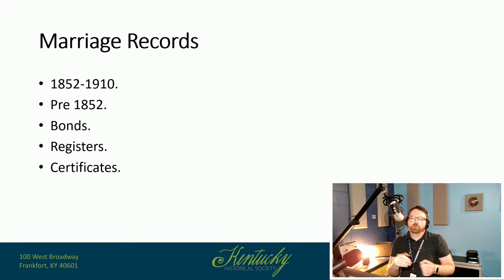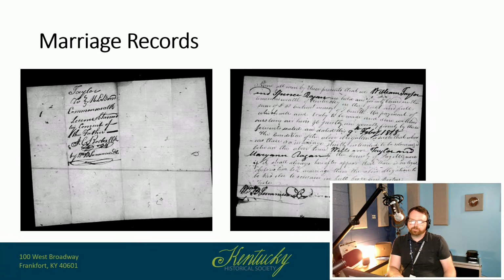So if you are looking for a marriage record, it can be a little bit easier, because there's a wider year frame that you can work with versus birth or death. Because if it is before 1852 for either of those types of records, it kind of hurts your chances a bit more. But with marriage records, there's a little more opportunity, so they can be a little easier to work with at times. And here's an example of something you might find when you're looking for a marriage record.